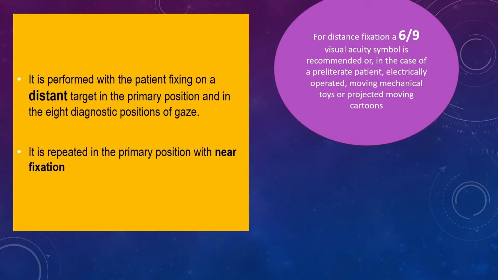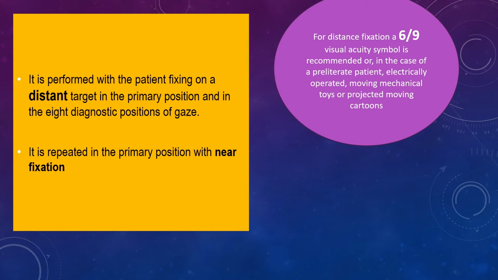Okay, now always carry out your prism cover test at distance and also at near fixation. It is very important that you carry out at distance as well as near fixation. Moreover, you're supposed to carry out in all the 9 positions of gaze. Now, if you're doing it at a distance, make sure for the distance fixation, you give them at least a 6/9 visual acuity symbol.